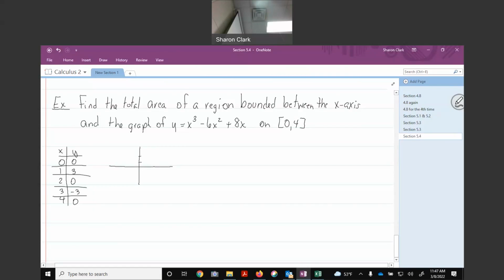At 0, we get 0. At 1, we get 3. At 2, we get 0. At 3, we get -3. And at 4, we get 0. Area 1, area 2.